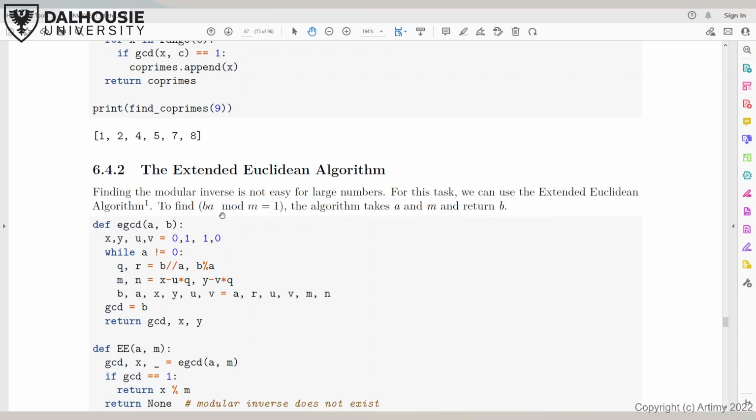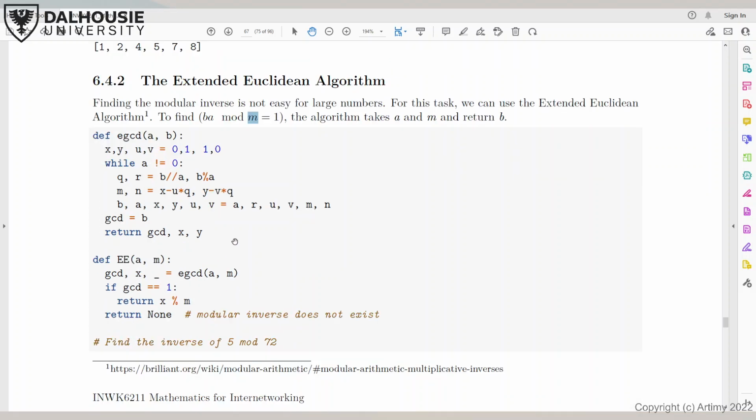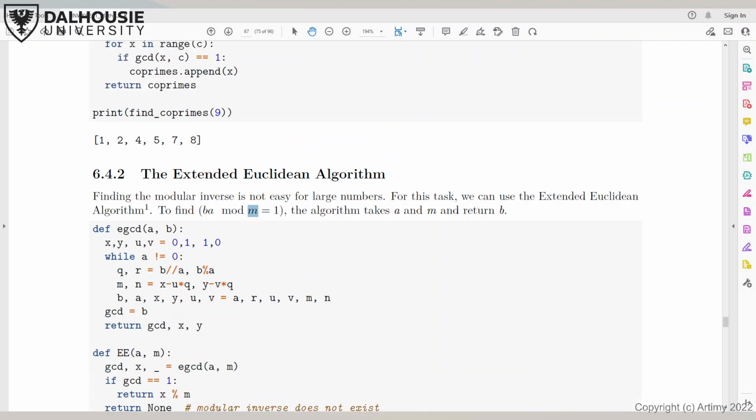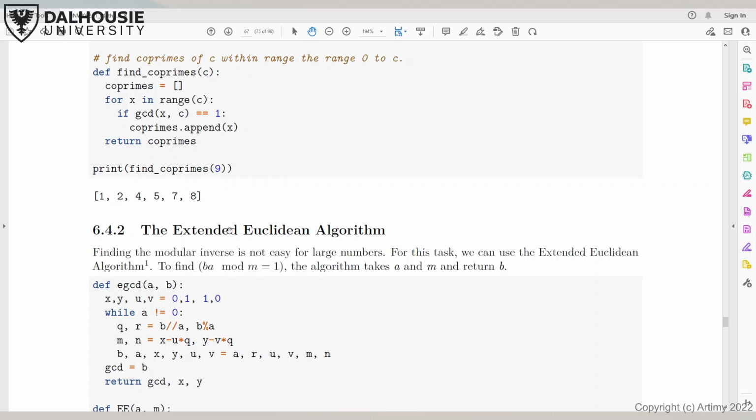Let's say you want to find the solution for this, A times B mod M, which is equivalent to E times D mod (P minus 1)(Q minus 1). If you want the solution to this, you just give it the A and M. So give it one of these and M, and it will give you B. It will give you the inverse, right? And this is actually based on the function that we have here, GCD, right?